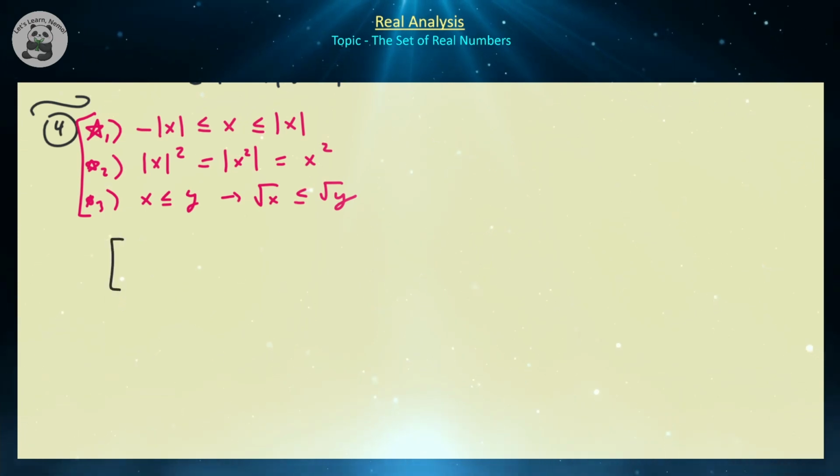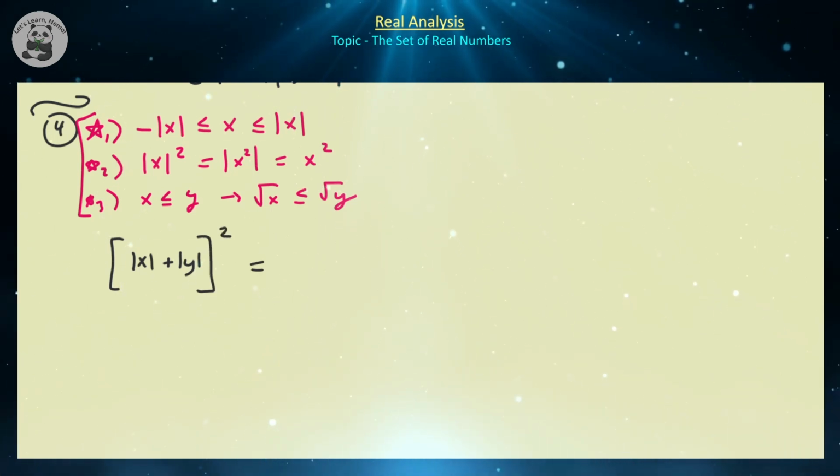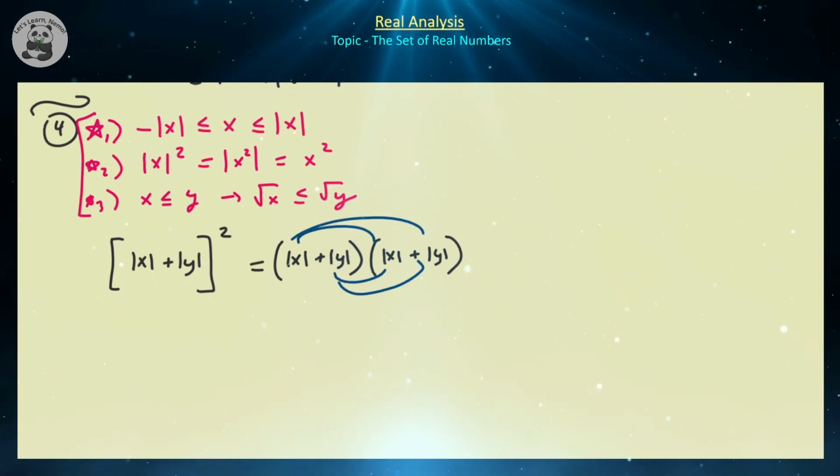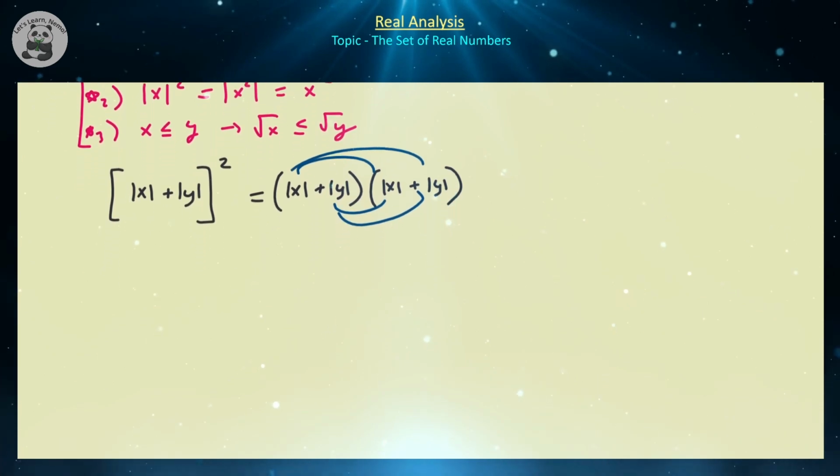So what we're going to do is begin by taking the absolute value of x plus the absolute value of y, their sum, and we're going to square the sum. So that's going to be equal to the absolute value of x plus the absolute value of y times the absolute value of x plus the absolute value of y. And then we're just going to use the distributive property of real numbers and see what this comes out to.